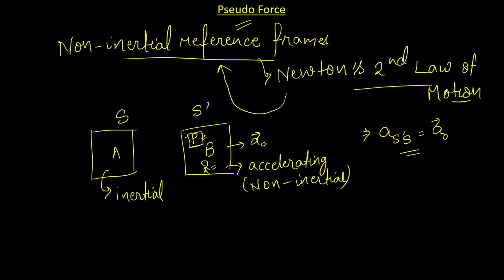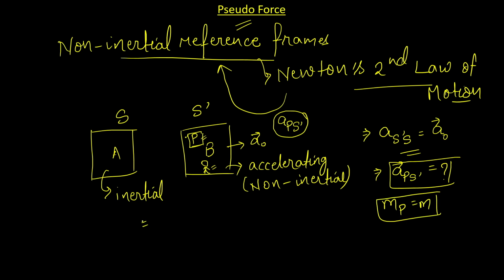So how to get the acceleration of this particle P with respect to this non-inertial reference frame which is S dash, that is with respect to this observer within the non-inertial reference frame? So we want to find out this acceleration of P with respect to S dash, that is the non-inertial reference frame. We need to find this, and let the mass of this particle P be m.